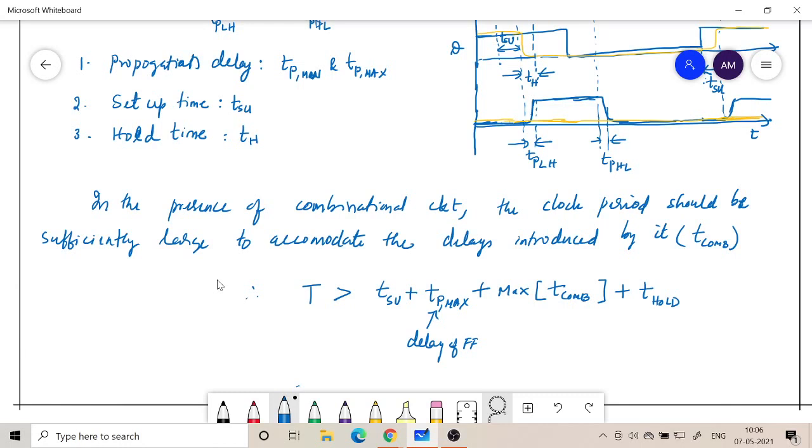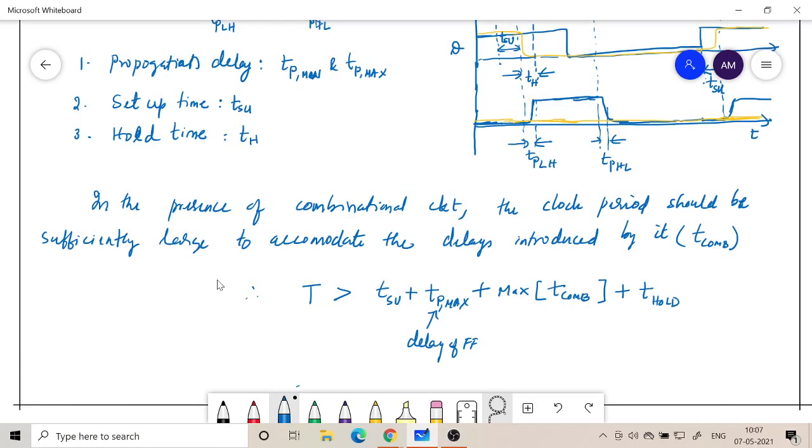If the combinational circuit delay is sufficiently large, then the changes will happen in the combinational circuit, and only then the input will be changed, and that change happens after more than the hold time. We don't need to add this hold time.